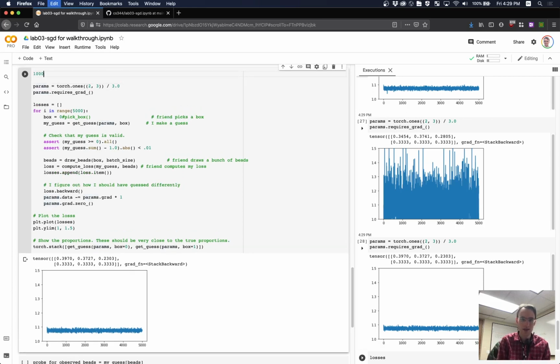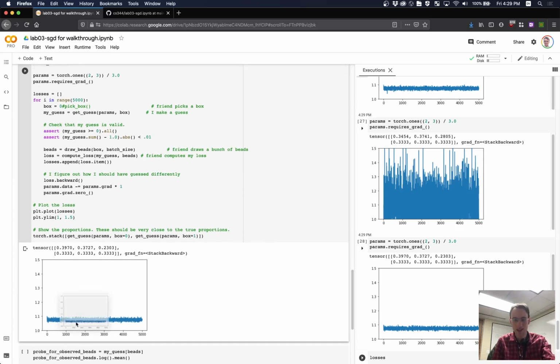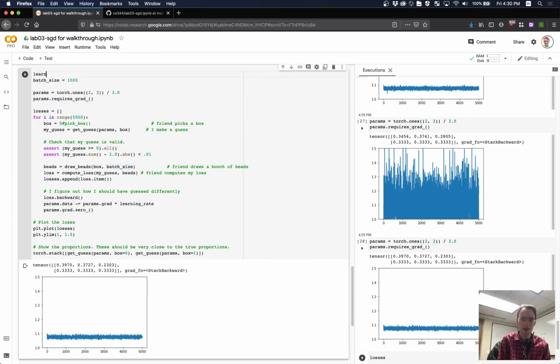So we were running with a batch size of 1,000, and a batch size of 1,000 lets us have a pretty small variance in the loss batch to batch, even at a learning rate of 1. Learning rate 1.0.